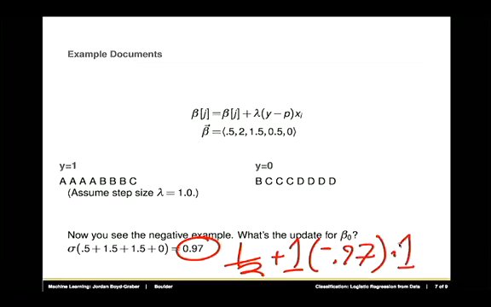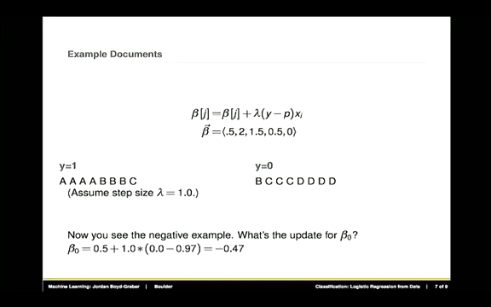So this is basically minus 1 at this point, so you'll get something close to minus 0.5. You basically flipped the bias, but a little bit less. Because we have this really large step size, we're basically flipping the bias, but not quite. So if we kept doing this, we would eventually get smaller and smaller answers. Okay, so that's the update for beta naught.